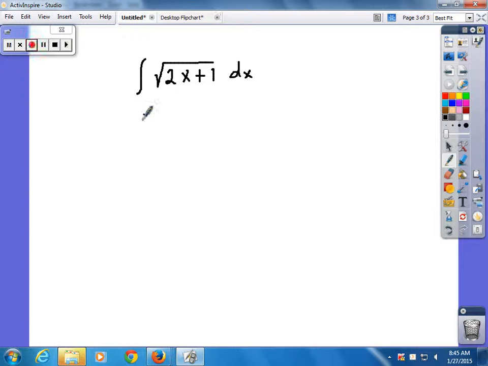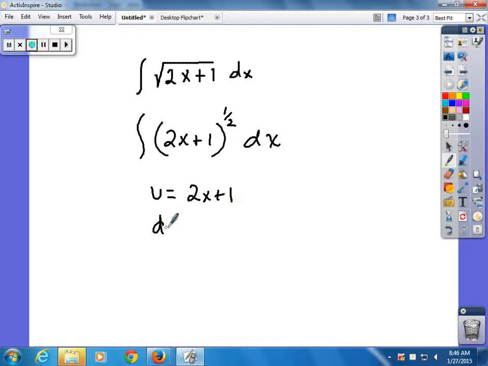So the antiderivative of 2x plus 1 to the 1/2 power dx. u is equal to 2x plus 1, du is equal to 2 dx. What's the problem? There is no 2 dx. And this is the part that you need to remember. This is the part that you need to knock cobwebs off of.